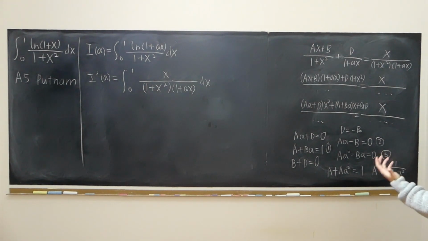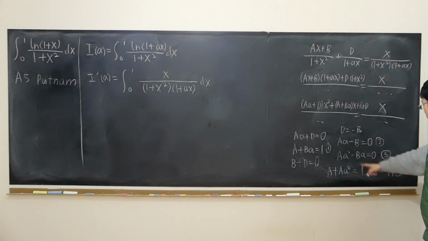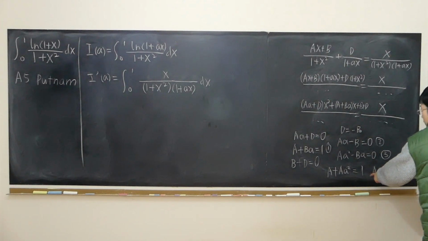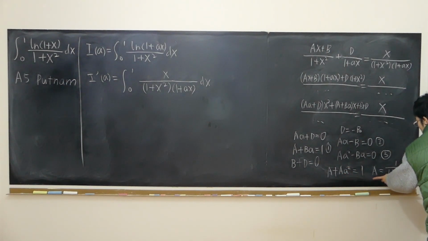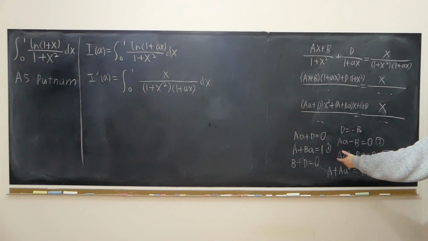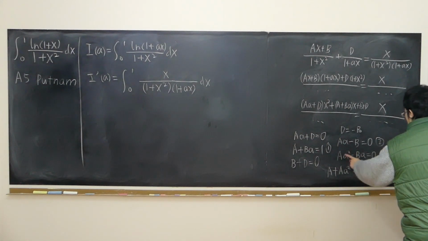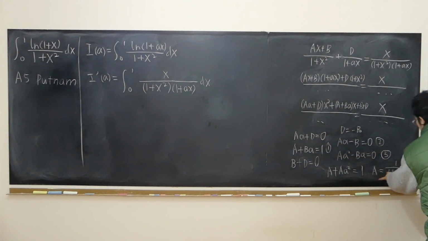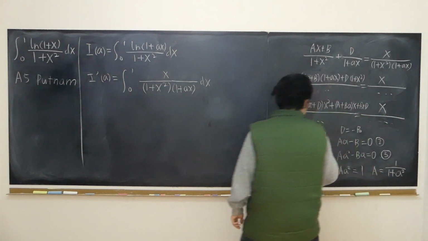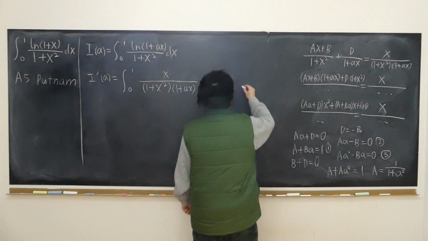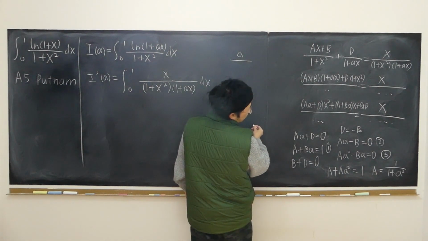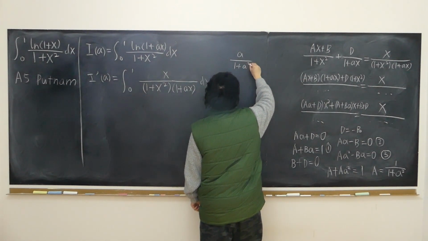Then we can easily figure out B and D. Substitute A into this equation, maybe just into equation 2, but either way is okay. So substitute here, we have little a times capital A, and capital A is 1 over 1 plus a squared.